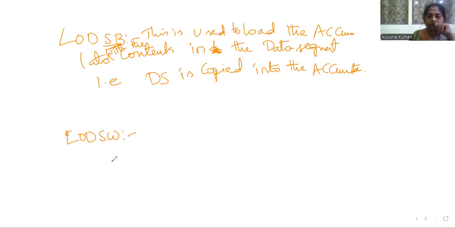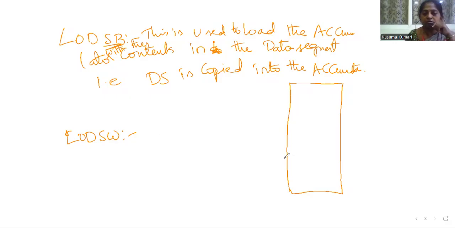So suppose this is the data segment. Load means load the accumulator with the contents of the data segment. So now this data available in this data segment is copied into the accumulator.